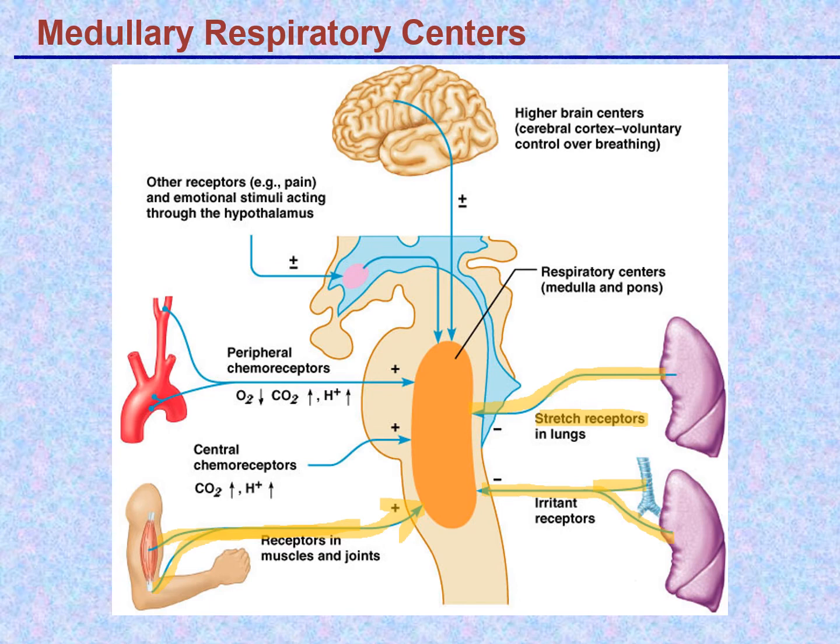You also have inside the brainstem, and that's why they're called central as opposed to peripheral, which is outside of the brain, central chemoreceptors, and these chemoreceptors can respond to CO2 and hydrogen ion levels. Remember, when CO2 is rising, you'll get increased hydrogen ion levels because of that biochemical reaction that I talked to you about.